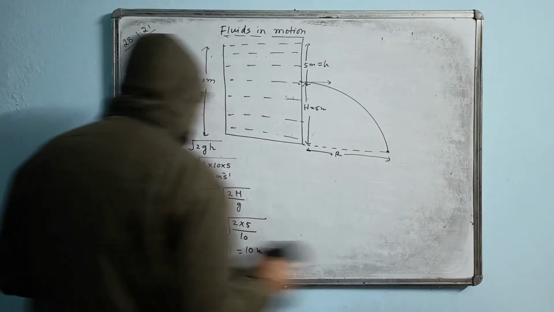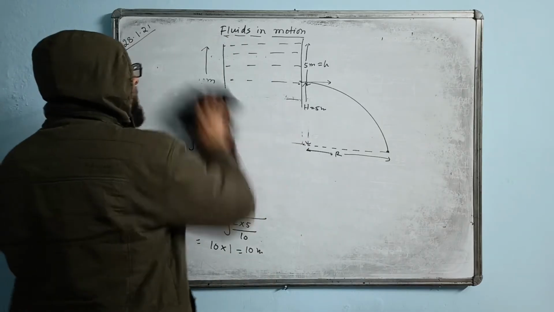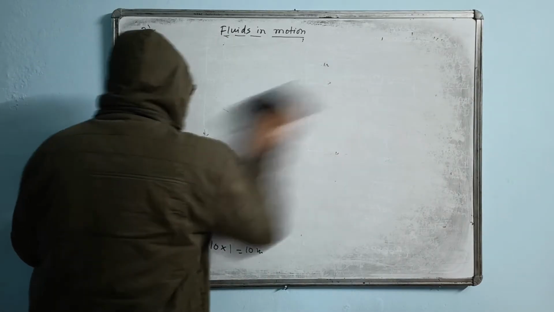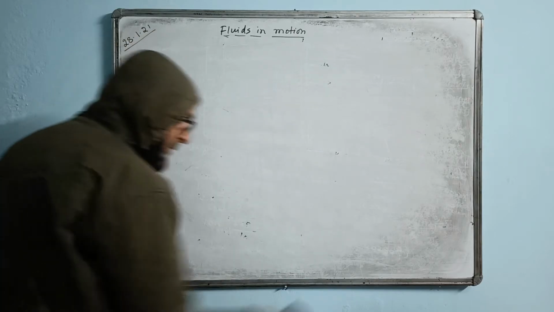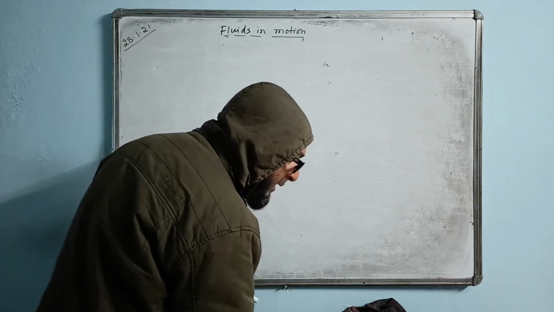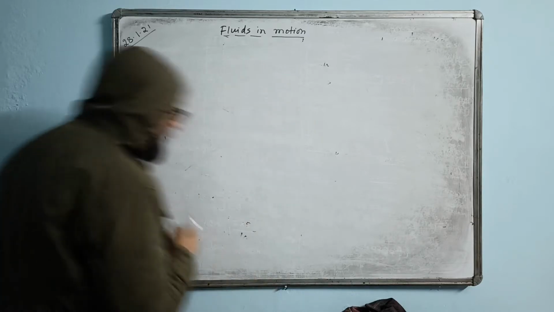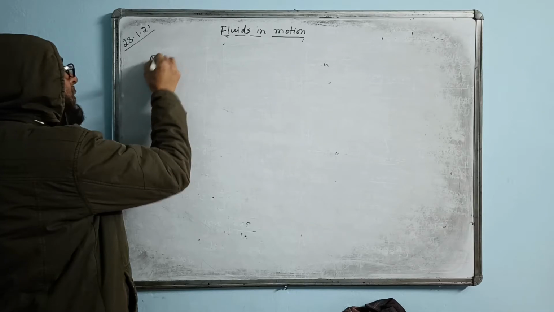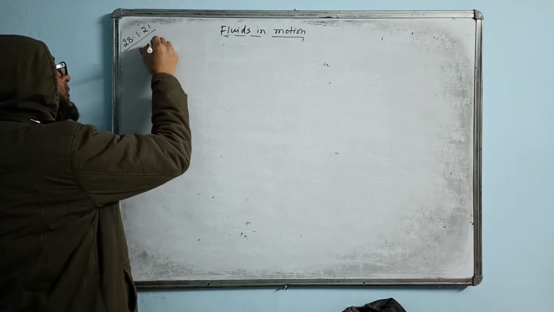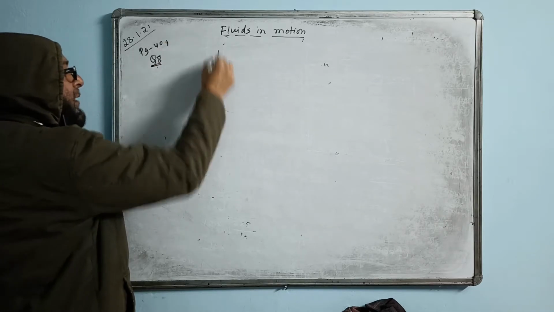Okay, a similar type of question we have in the book. Question number 8 of page 409 is a multiple choice type question. I draw the diagram for this question.